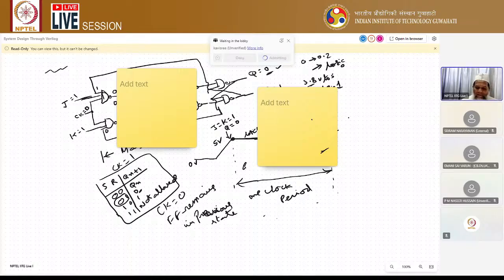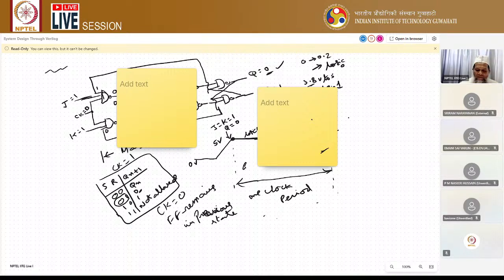So at this point, when this voltage is slightly less than 0.2 volts, Q becomes 1. Here we started with Q equal to 0. See the point where Q is equal to 1, and you see the portion where it remains 0. Again, it goes to 1 at a voltage slightly greater than 3.8 volts.